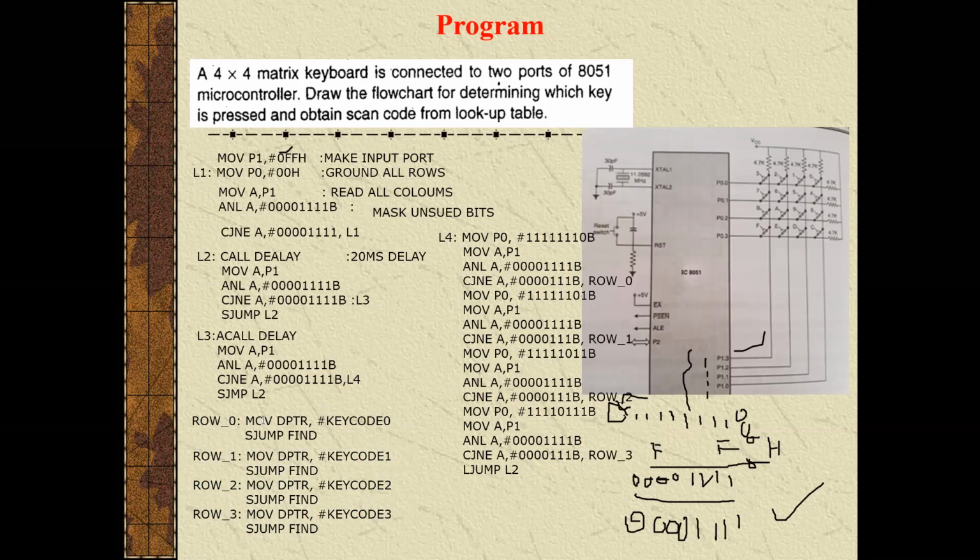What we'll do here is load our data pointer with this key code 0. What is this key code 0? This is the address of the lookup table where the data is present. I will show the lookup table, how the data will be present there. So this is the lookup table.